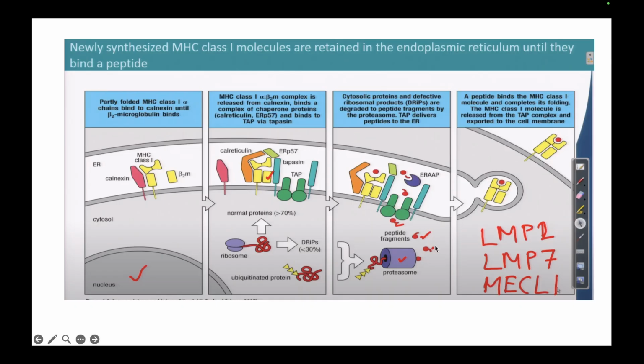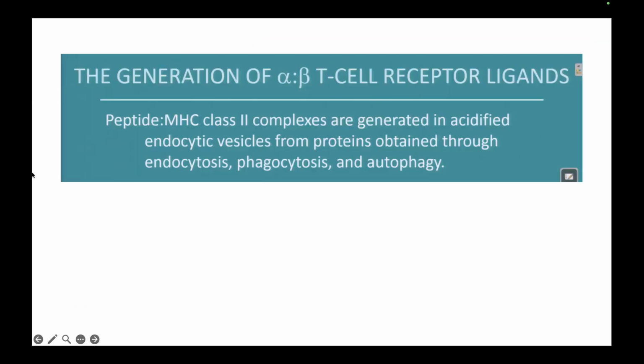So here the antigen comes and binds after proteasomal degradation of the ubiquitinated protein, which is transported with the help of TAP and loaded on this particular MHC molecule. Once the peptide binds the MHC class 1 molecule and folding is completed, the class 1 molecule is released from TAP and exported to the cell membrane.